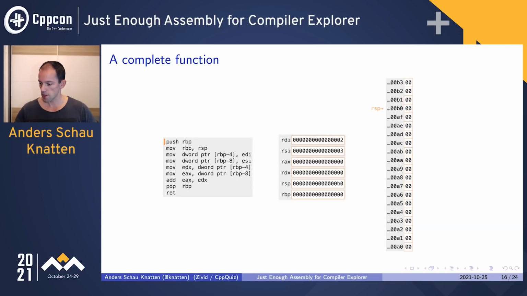That's just an agreement about how to get stuff in and out of functions. On Unix, I think it's the same for all the Unixes, and Microsoft has a very similar one. So how do I get 2 ints into a function?